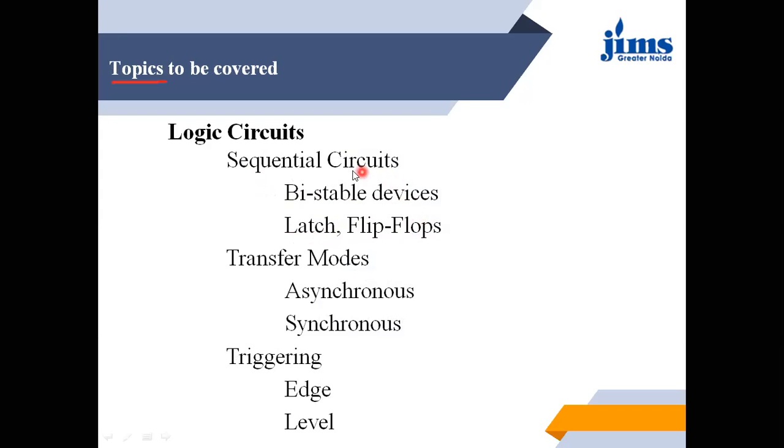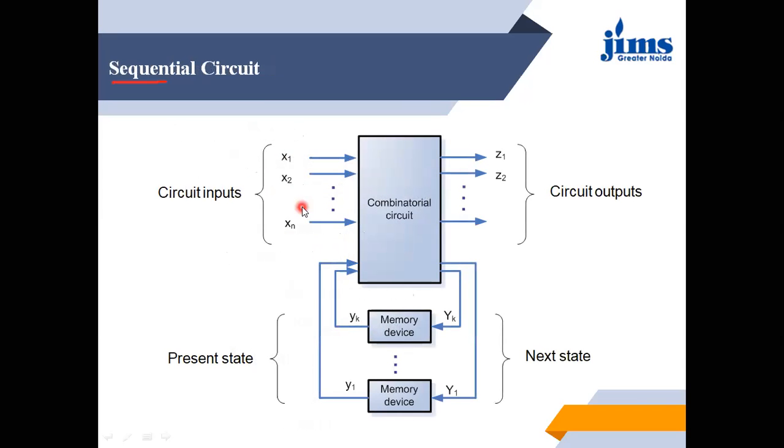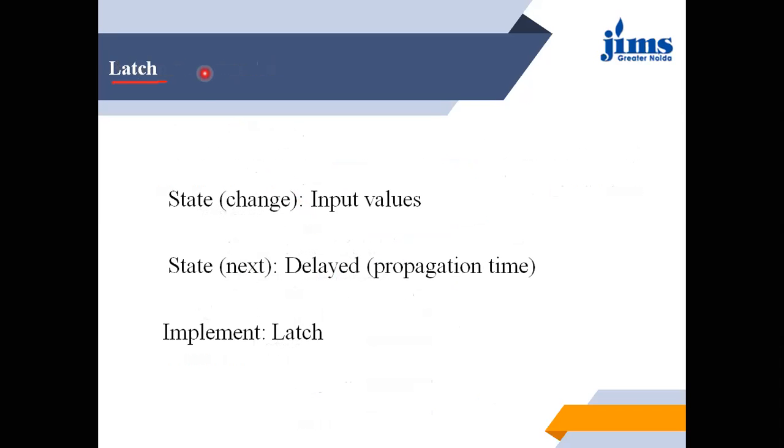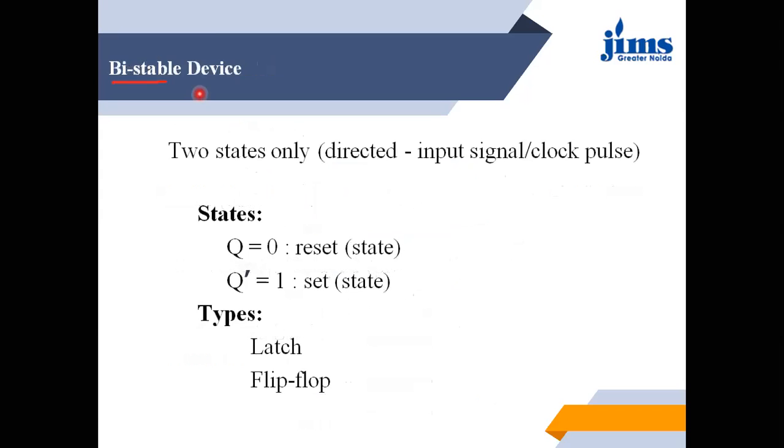So these are the three things we will discuss in sequential circuits first. A bistable device is a device that has only two values, a device that has two states.